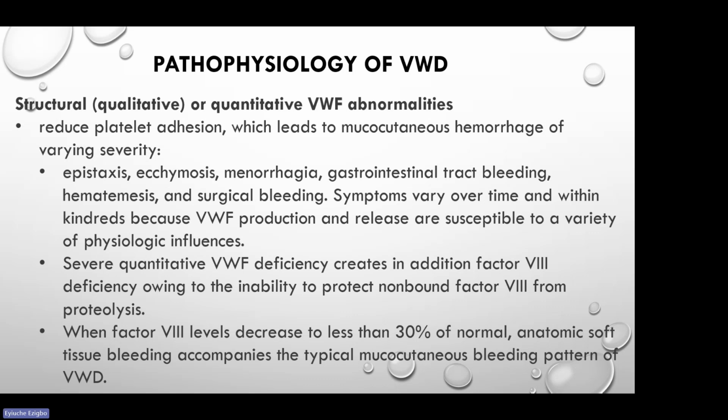And this can lead to mucocutaneous hemorrhage of varying severity, because the process of primary hemostasis will not come to completion. It can be epistaxis, ecchymosis, menorrhagia, gastrointestinal tract bleeding, hemoptysis, surgical bleeding.